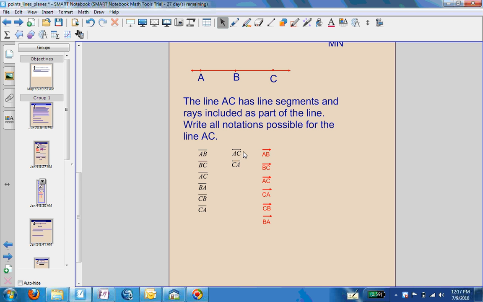So line AC or line CA could be made up of line segment AB, line segment BC, line segment AC, line segment BA, line segment CB, line segment CA. We could also see in this figure ray AB, ray BC, ray AC, ray CA going the other way, ray CB, and ray BA.